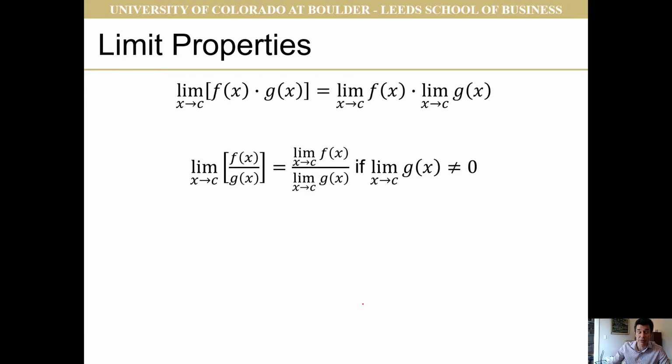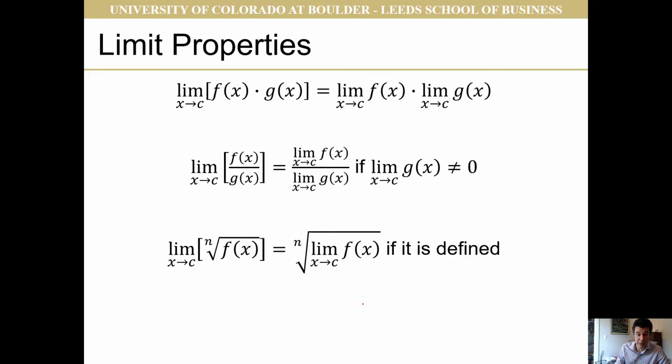The limit of the quotient of two functions is the quotient of the limits, assuming the limit in the denominator is not 0. Finally, let's say we take the nth root of a function. So the limit of the nth root of a function is the nth root of the limit, assuming it's defined.